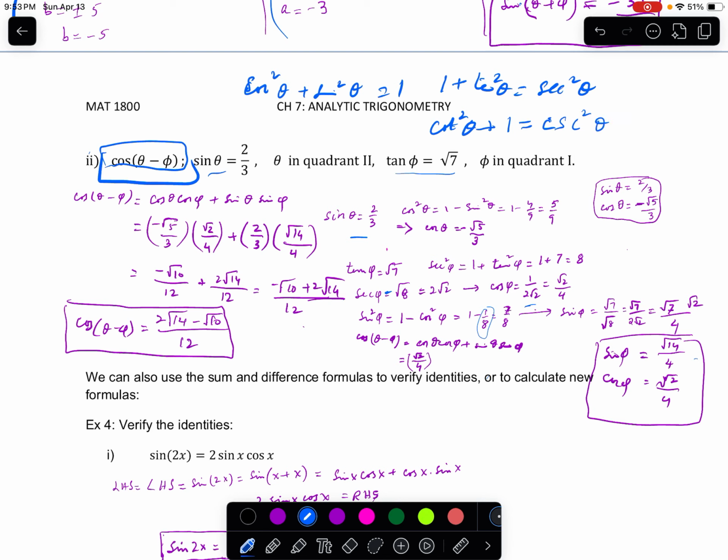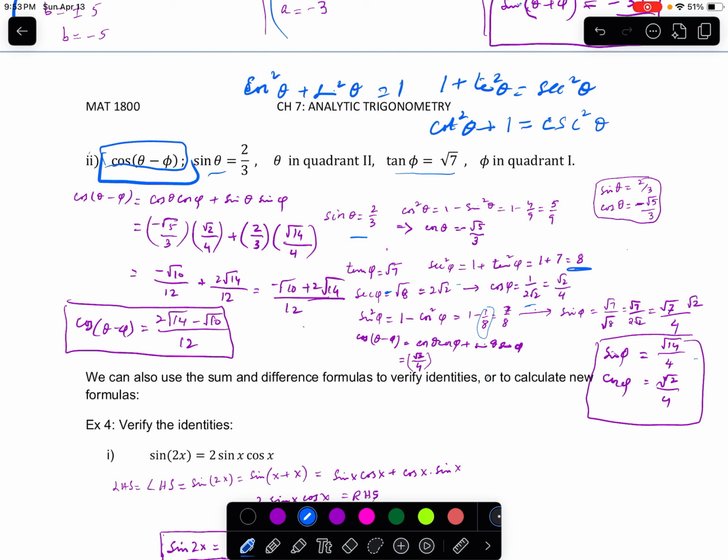So using the second identity, secant square phi is equal to 1 plus tangent square phi, which is equal to 1 plus 7, which gives me 8. So secant of phi will be plus minus square root of 8, but since we are in the first quadrant, secant of phi will be square root of 8, which is 2 times square root of 2.